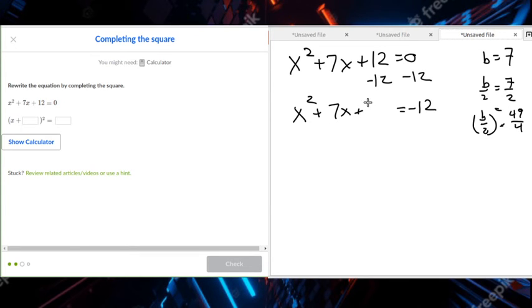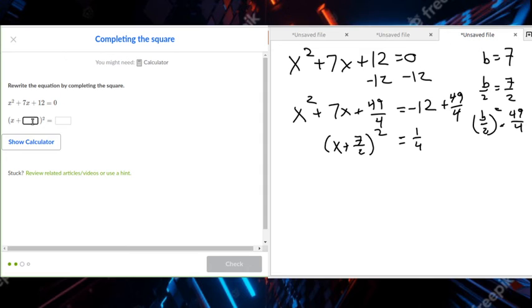So I'm going to have to add 49/4 to both sides. And this is negative 48/4. And this side is going to be x plus 7 halves squared, equal to 1/4.